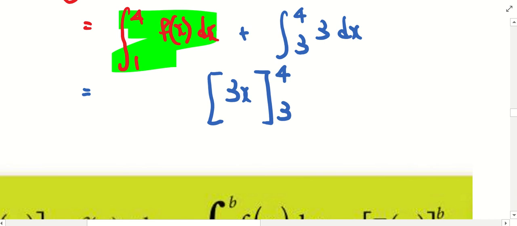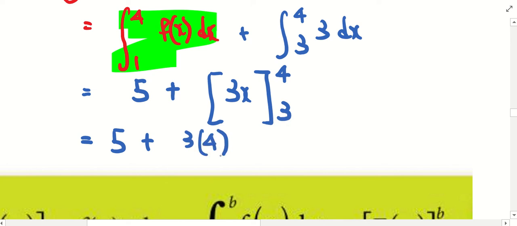So I'm just going to write the value of 5. Okay? Recall how do we substitute the upper and lower limit. Substitute the upper limit first into 3x. 3 times 4. Minus, substitute the lower limit inside. 3 times 3. Alright? Use your calculator. Add everything together. I think you will get 8.